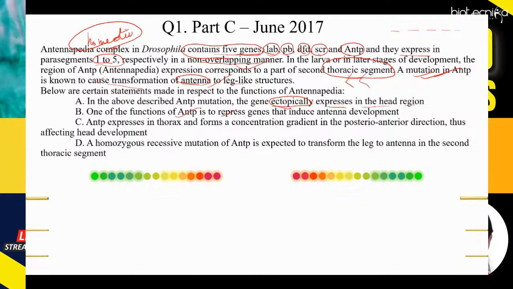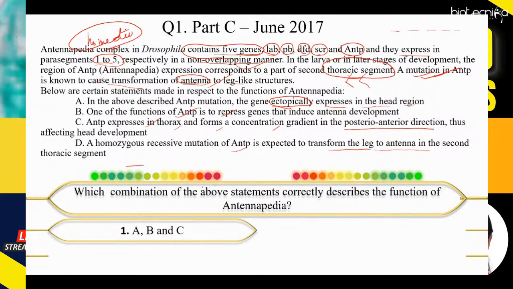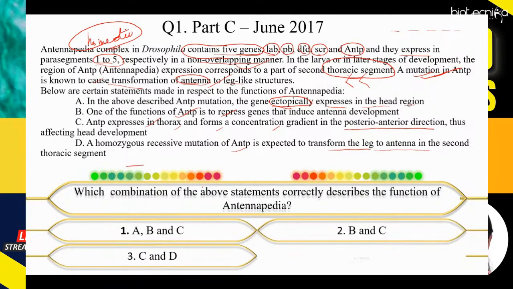Also, antennapedia expresses in thorax and forms a concentration gradient in the posterior anterior direction, affecting head development. A homozygous recessive mutation of antennapedia is expected to transform the leg to antenna in the second thoracic segment. So out of these combinations, which is the right one?